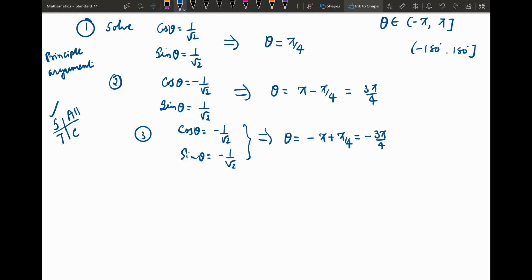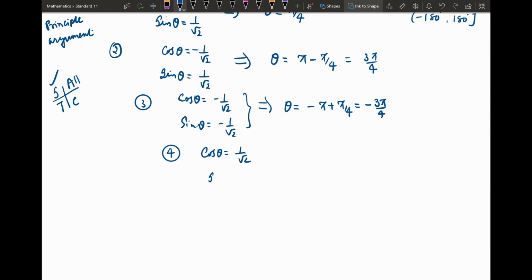You can observe all theta lie in the open-close interval minus pi to pi, that is minus 180 degrees to plus 180 degrees. Now the fourth illustration: cos positive, sin negative, so naturally the fourth quadrant. Without sign, take any one function, say cos theta 1 upon root 2, then theta will be pi by 4.